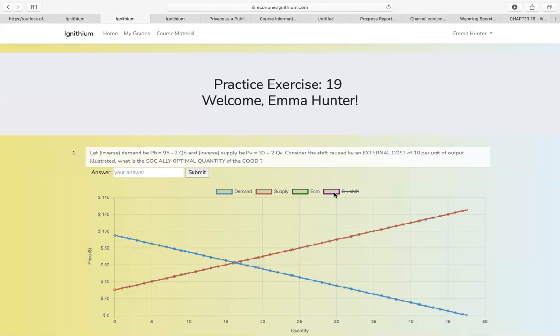So what happens is the market tends to overproduce. Here you see a shift in the supply curve, and what's going on is we're just adding on an external cost of $10 per unit. We're literally, like we did with taxes, shifting the supply curve up to reflect that additional cost.